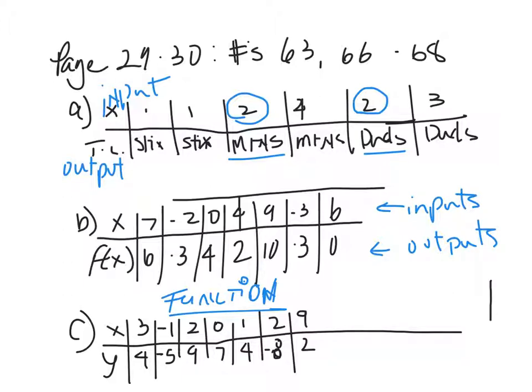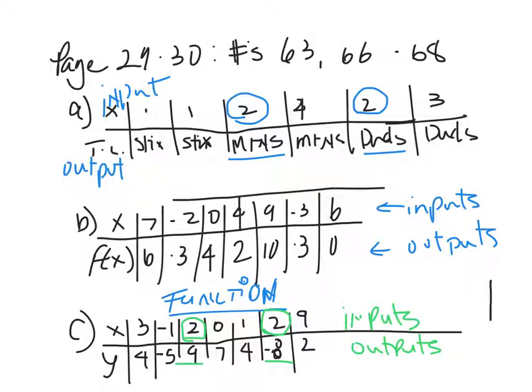Now, as we look at our inputs and their outputs, do we have one output for every input? If I look at 2, I think you know the answer to that.